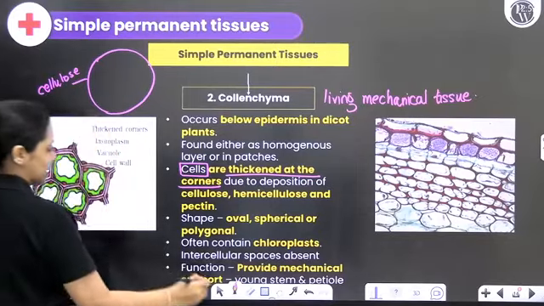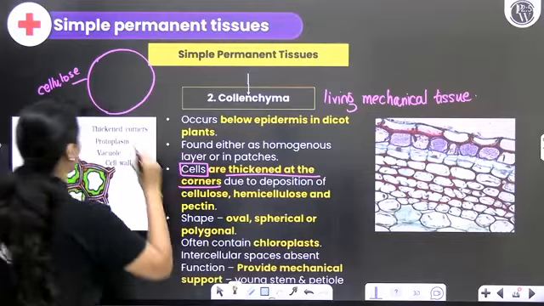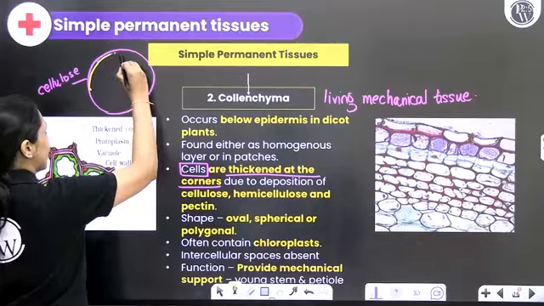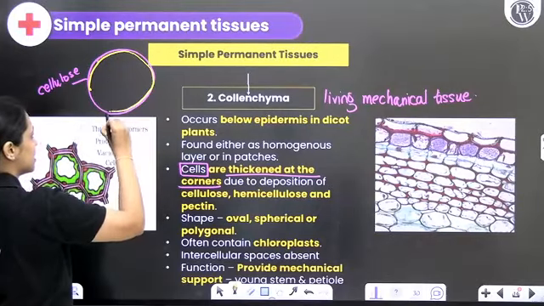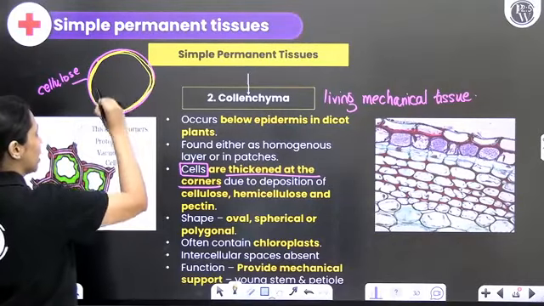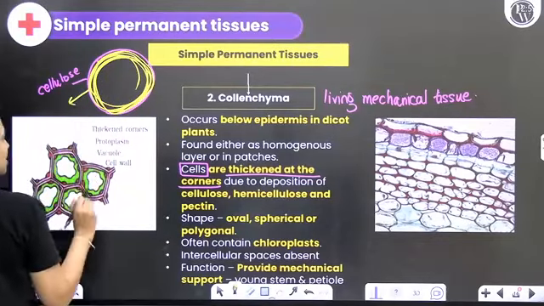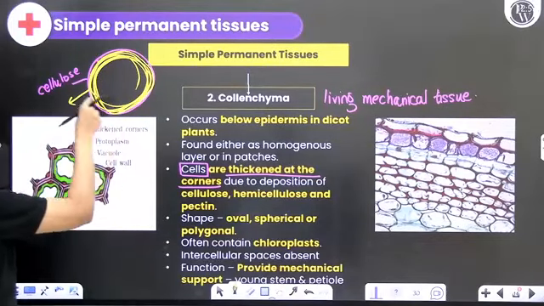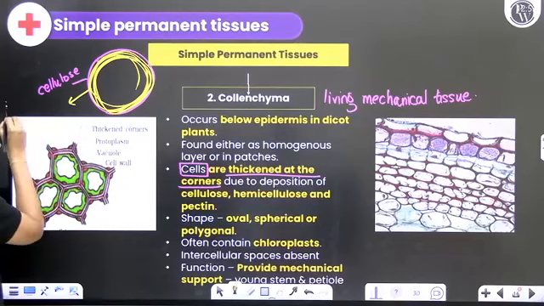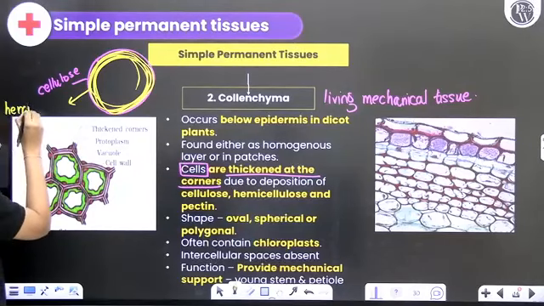Apart from the cellulosic cell wall, it will develop a secondary wall thickening on the inside and the wall will become thick. So this substance that is thickening the wall is generally hemicellulose and pectin.